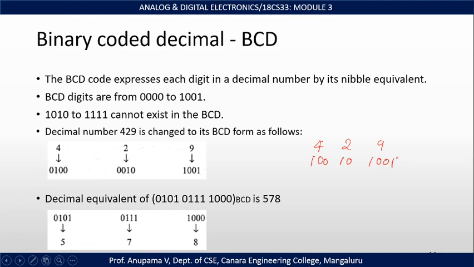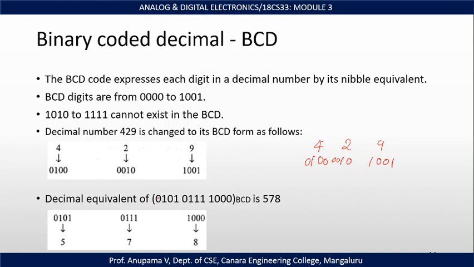No, you cannot write this number 429 as 100101001. In BCD, each digit should be represented in its nibble equivalent. Nibble equivalent means it has 4 bits. So I have to add 0 and write 0100. 2 has to be written as 0010. 9 as 1001.